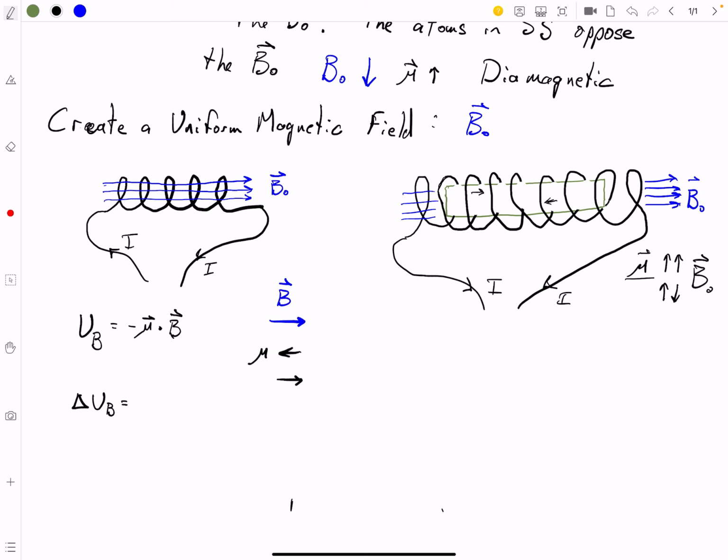If you're here and you go to here, that's 2 times. So 2 mu B, okay? So this is the maximum energy that we could get, potential energy, okay? This is our potential.